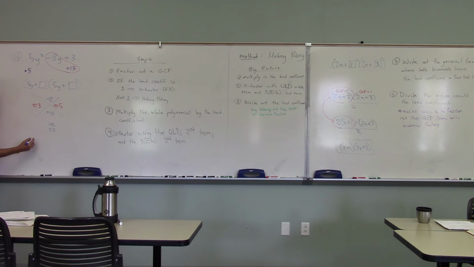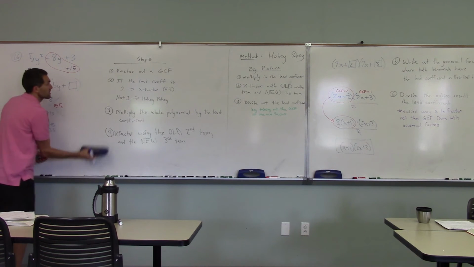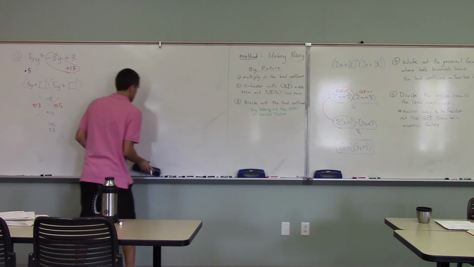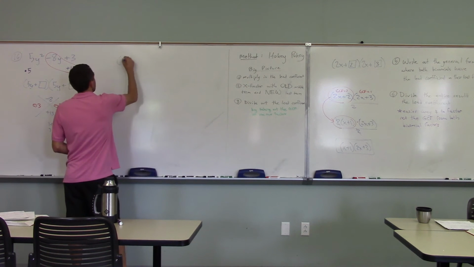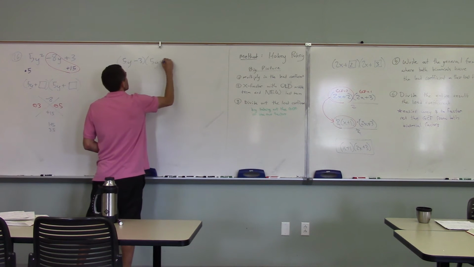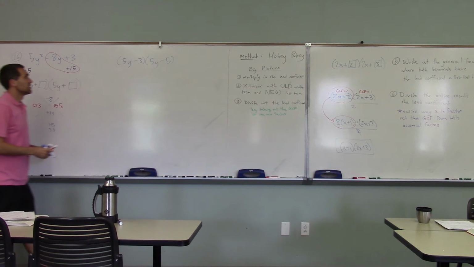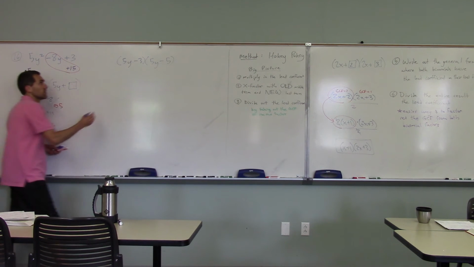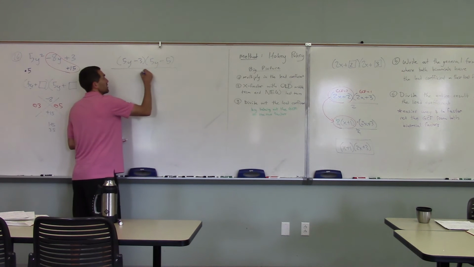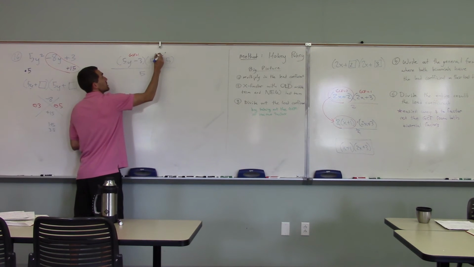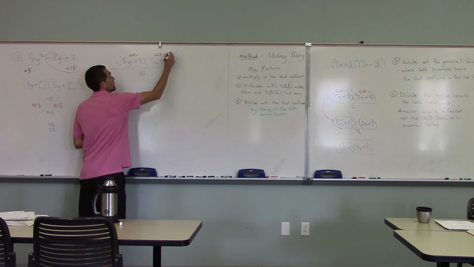So, we have, and I'm going to erase these words now, 5y minus 3 times 5y minus 5. And our last step, which we can't forget, is divide out the 5 that we put in. And the easiest way to do that is just to say, what's the GCF of this one? 1. What's the GCF of this one? Yeah, 5.